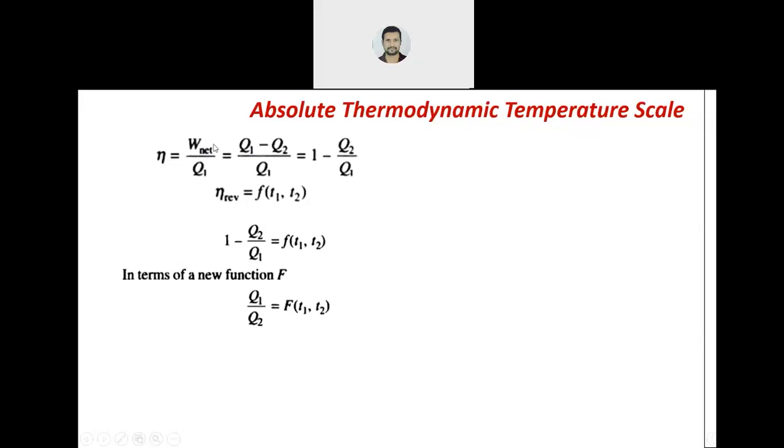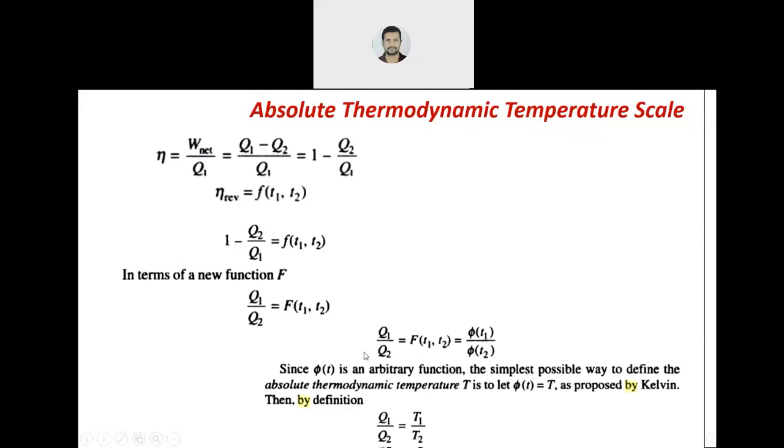Now, as I told you, efficiency in the case of reversible processes can be written as 1 minus T2 by T1. So from there you will get Q1 by Q2 is nothing but equal to T1 by T2. This is the thermodynamic temperature scale.